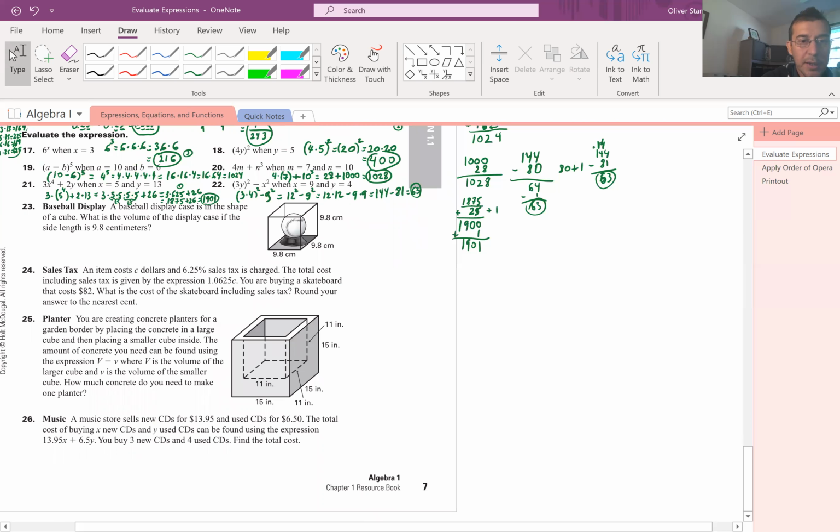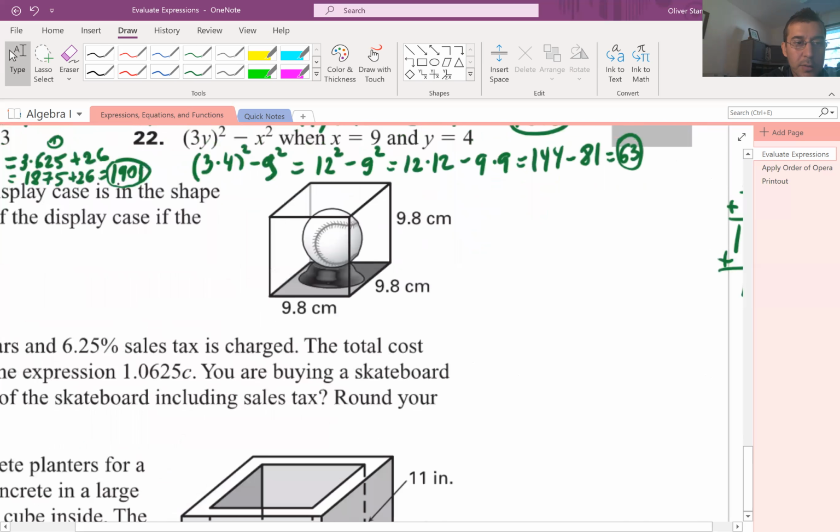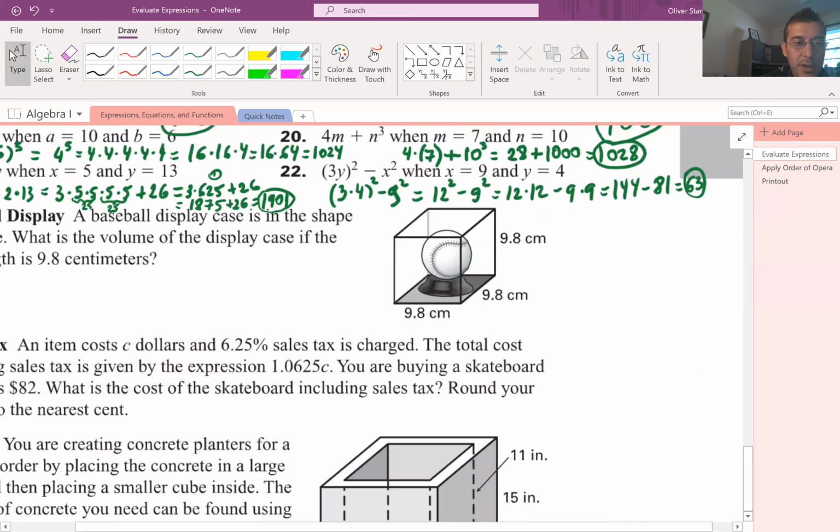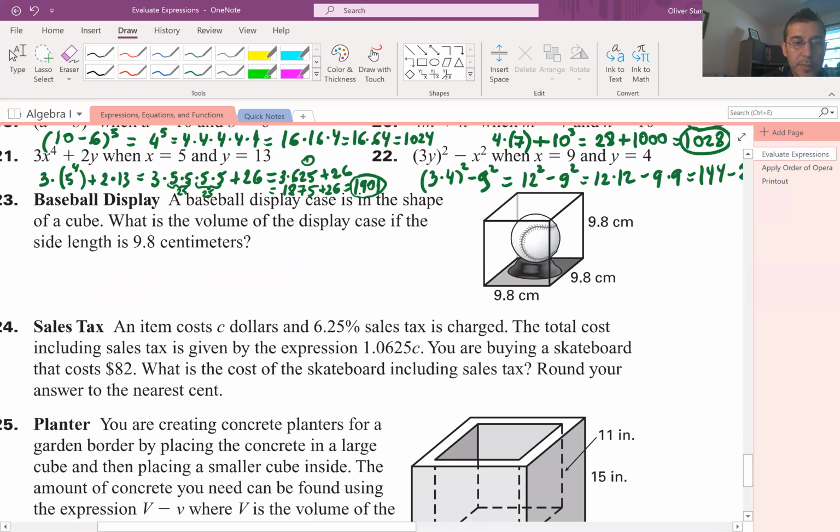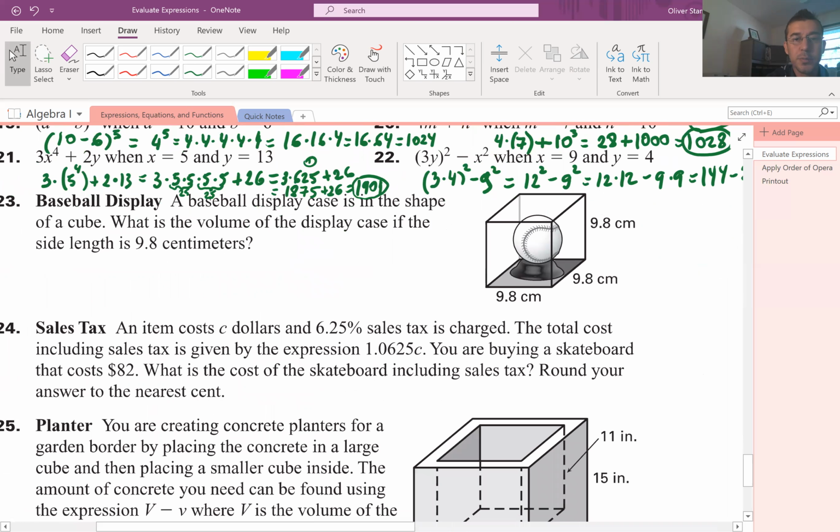All right, next one is baseball display. A baseball display case is in the shape of a cube. What is the volume of the display case if the side length is 9.8 centimeters? Okay, so you just have to know the volume formula or expression. If you have a cube, the volume of a cube is the side cubed.